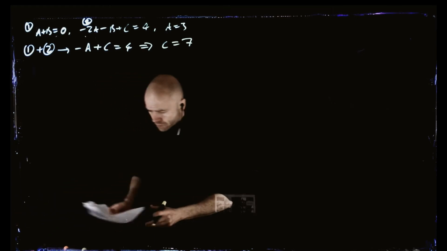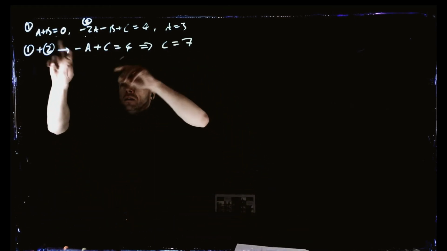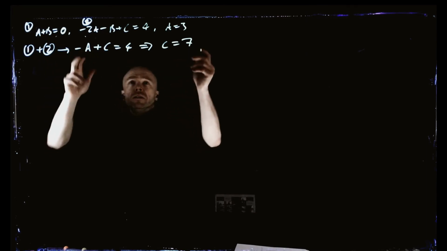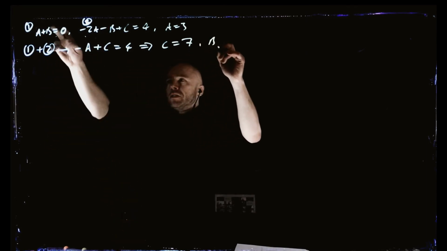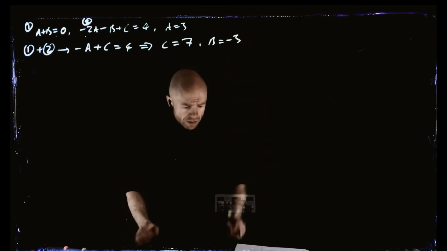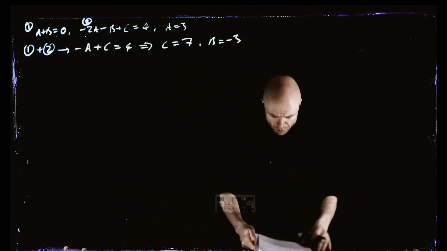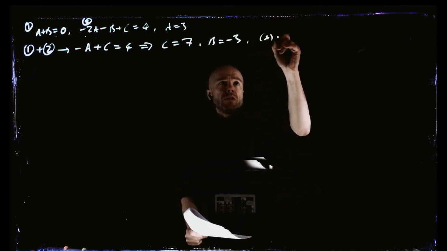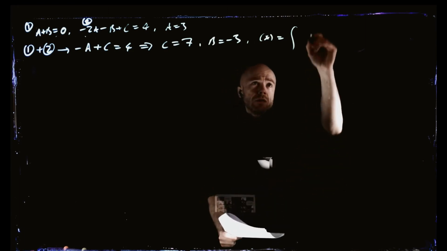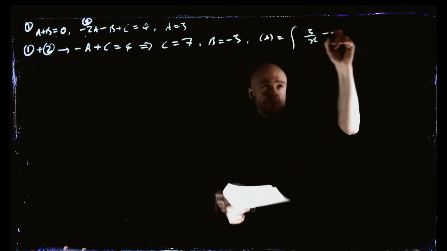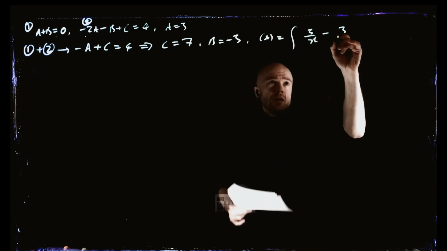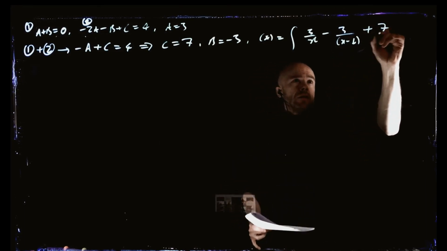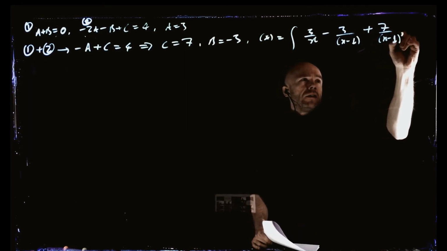And then we need to figure out b. B is just going to be minus 3 because of this equation here. And then that's all we need, because then our original integral becomes 3 over x minus 3 over x minus 1, plus 7 over x minus 1 squared dx.